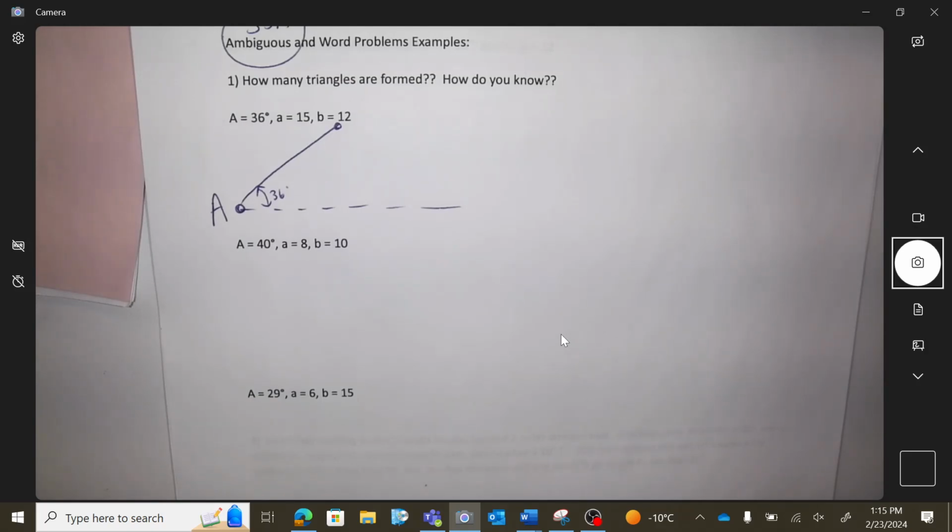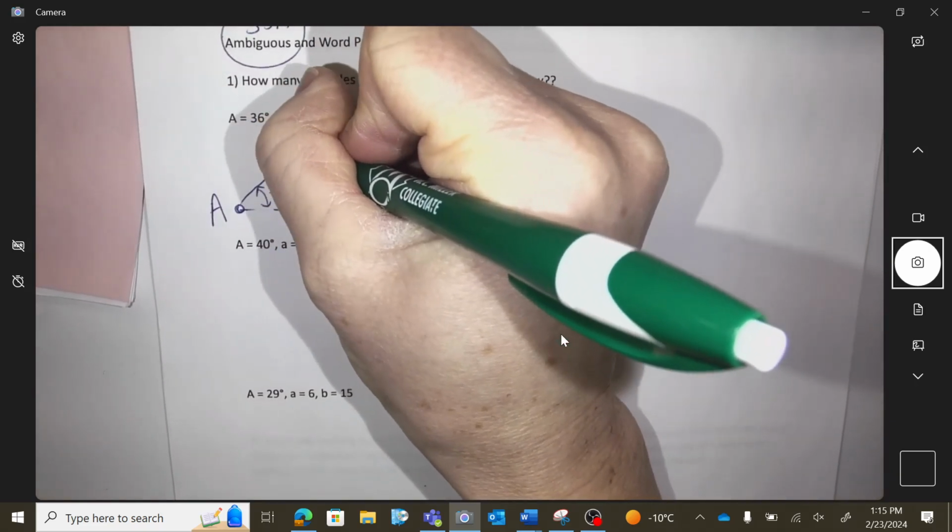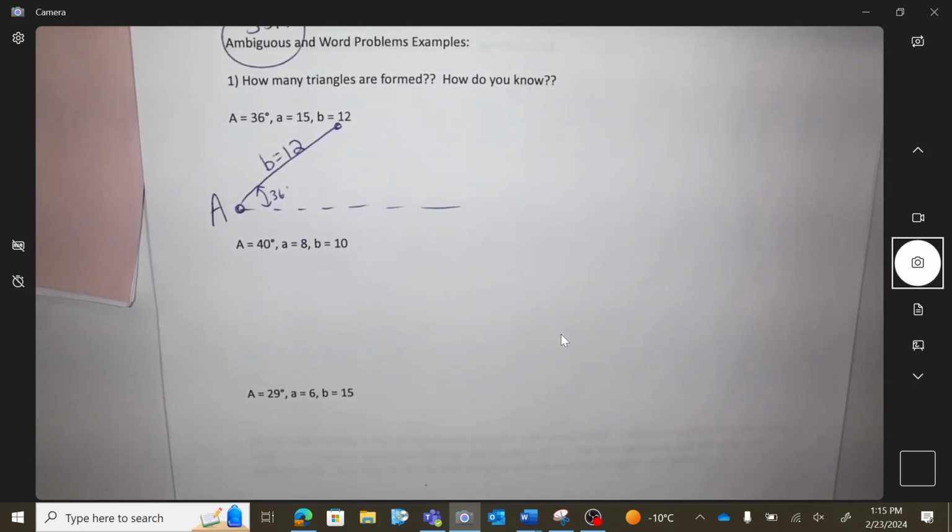The 15A side or the 12B side? Which one would go beside it? B. Because where should A go? Where's A from A? Across, right? Not beside. It has to be across.